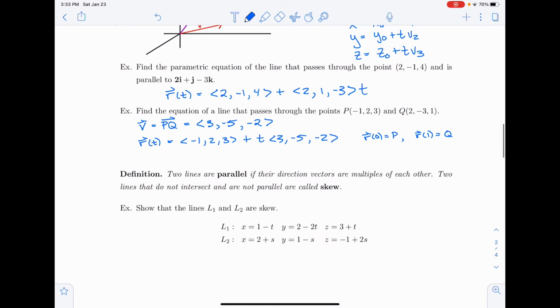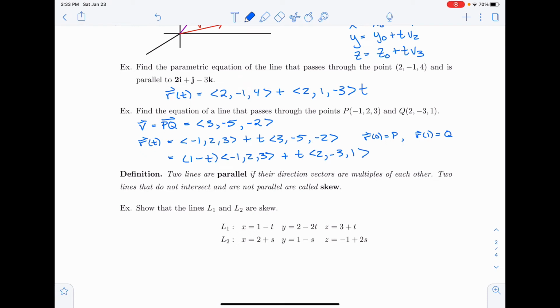Now, sometimes you'll see in the book, they like to write this as (1 - t) times the point P, (-1, 2, 3), plus t times the point Q, which is (2, -3, 1).